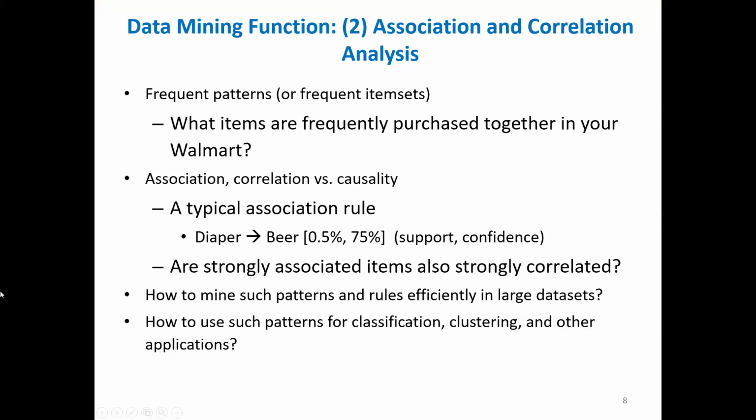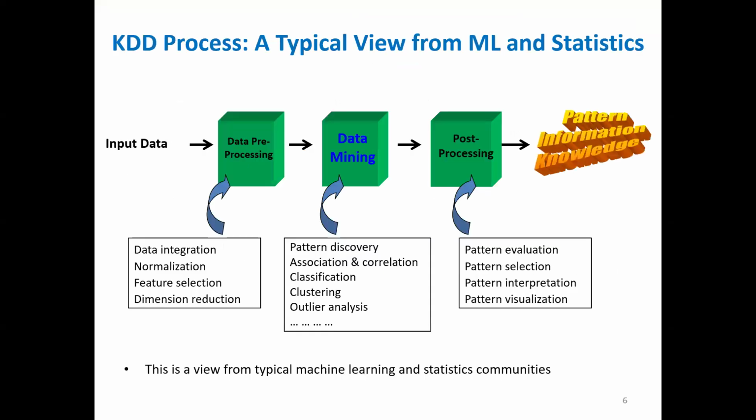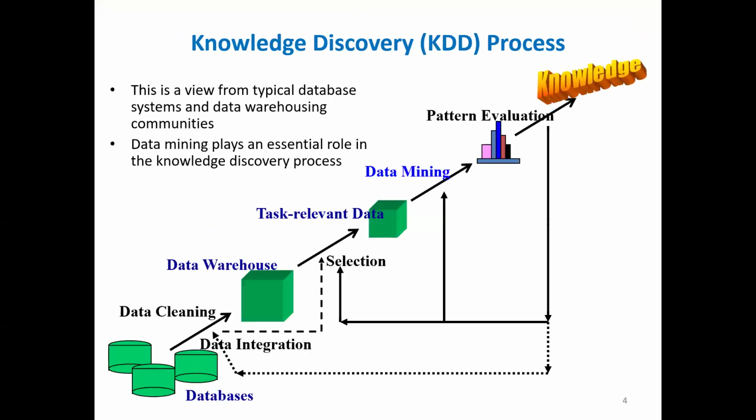Okay. So let's recall yesterday's session. In yesterday's session, we talked about the different steps of knowledge delivery. In that, we already saw that the first step is data cleaning.